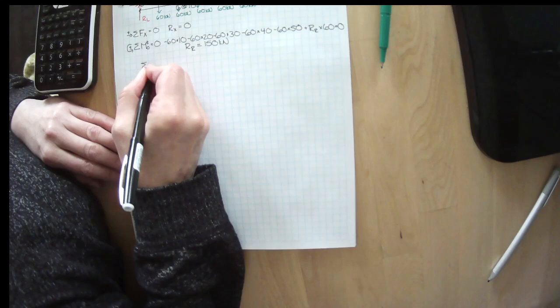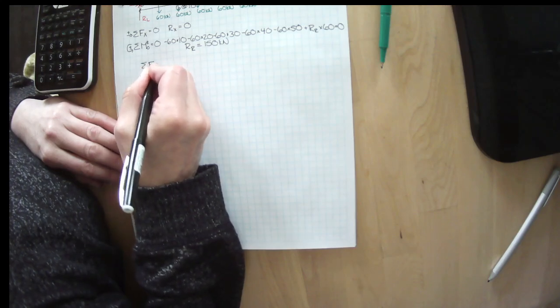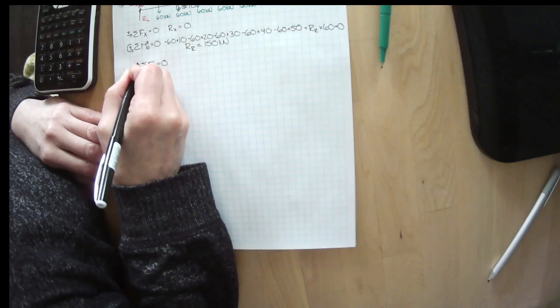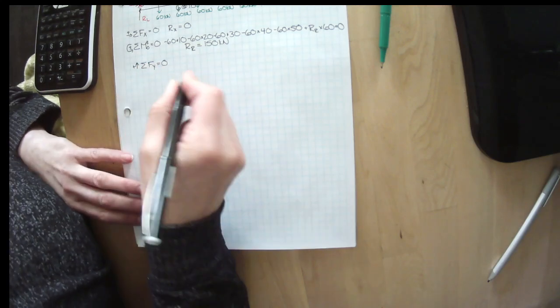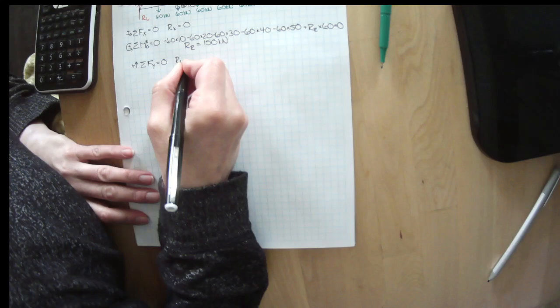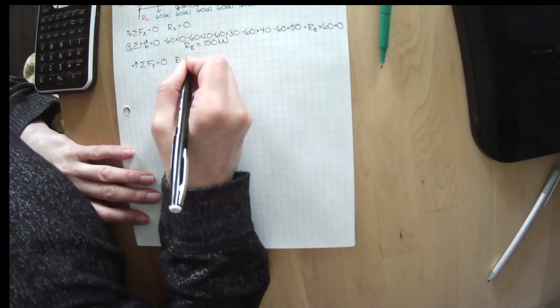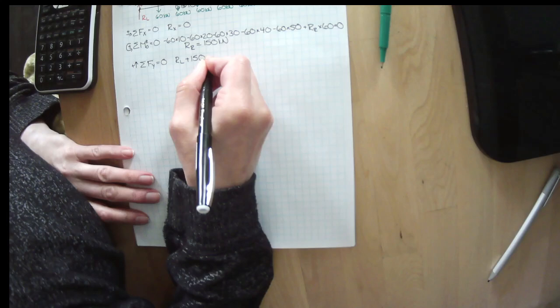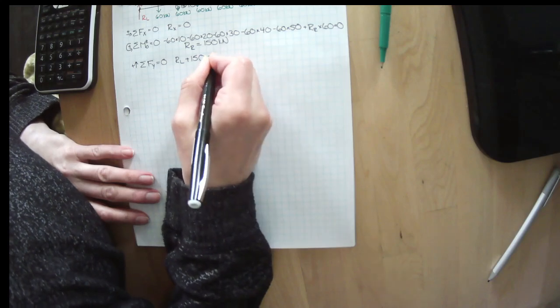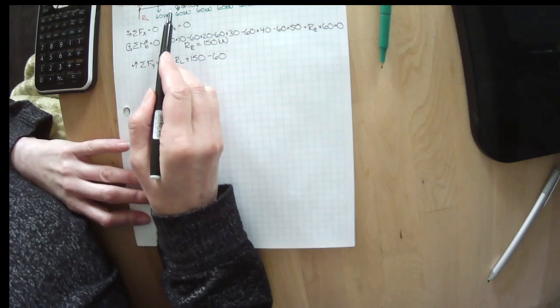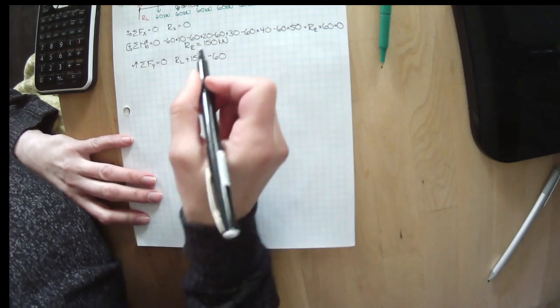I can sum my forces in the y direction, where upwards is positive. I've got RL plus RR, which I know is 150, minus 60 times 5.